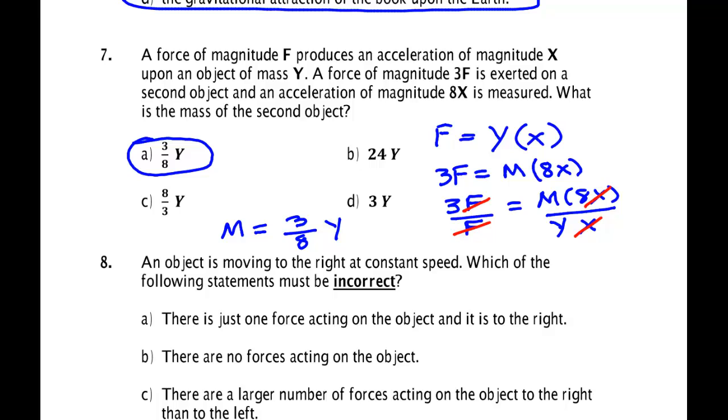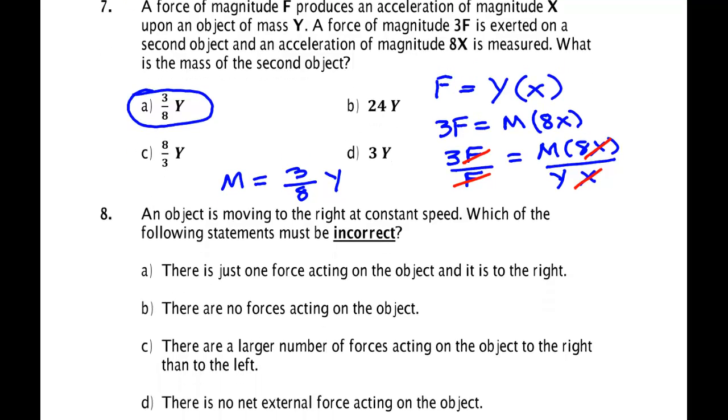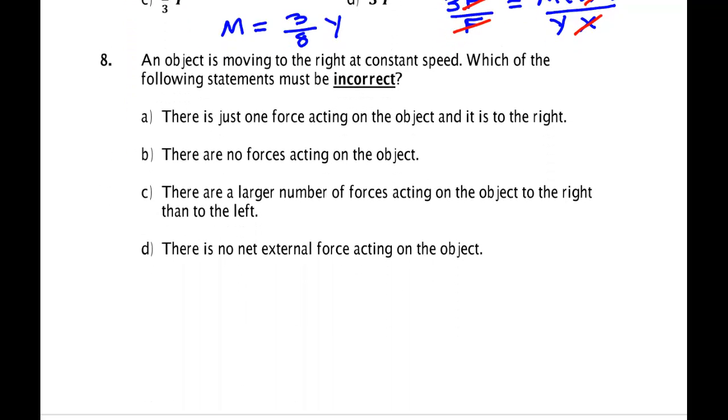Alright, let's go to the next problem, number 8. Number 8 says an object is moving to the right at constant speed. Which of the following statements must be incorrect? There is just one force acting on the object and it's to the right. Okay, so if there was a single force acting on the right, what would that tell me?